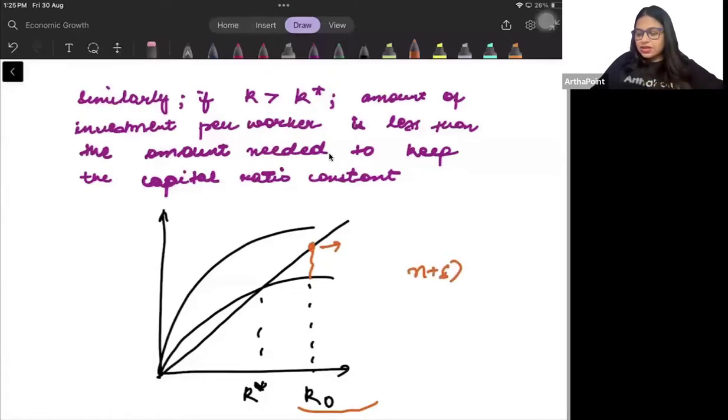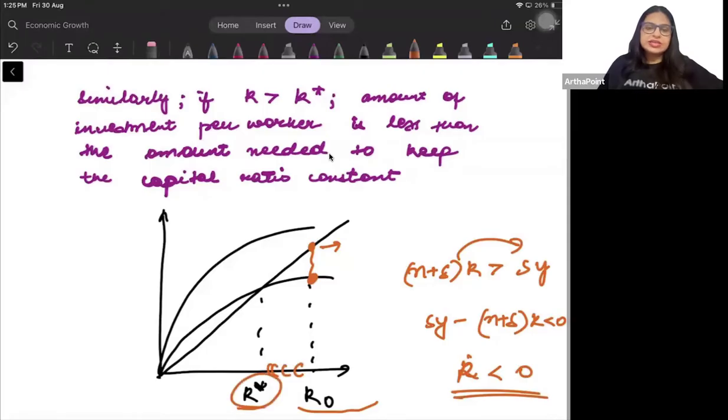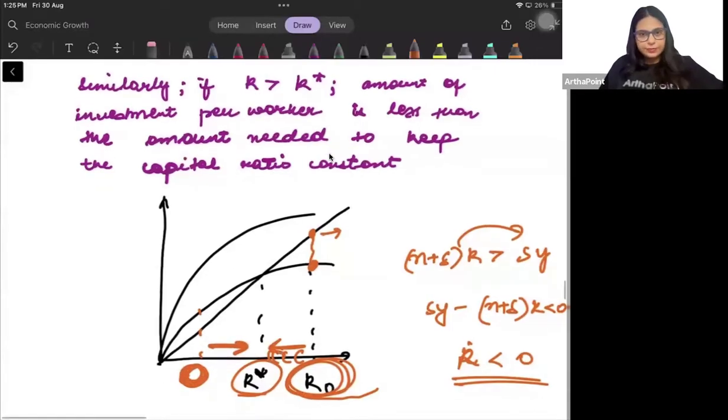My N plus delta K is more than the investment part, S times Y. So SY minus N plus delta K is less than 0 if I take this here. So change in capital will be less than 0. That means capital will decline over time till I reach the steady state level of capital. So whether an economy starts before the steady state or after the steady state, the economy will always reach the steady state.